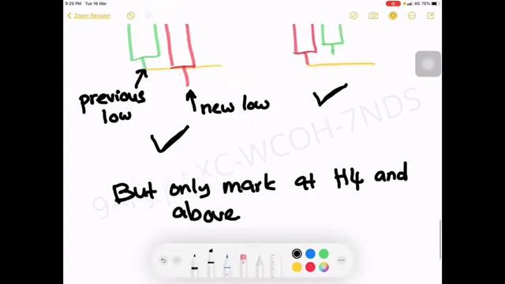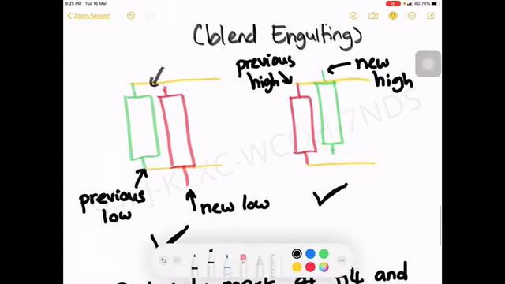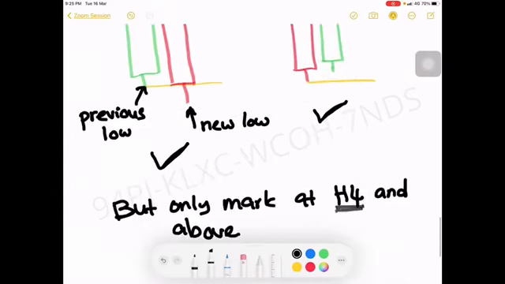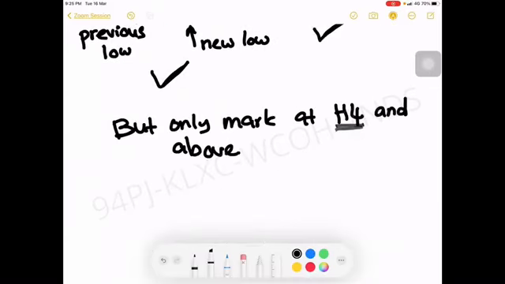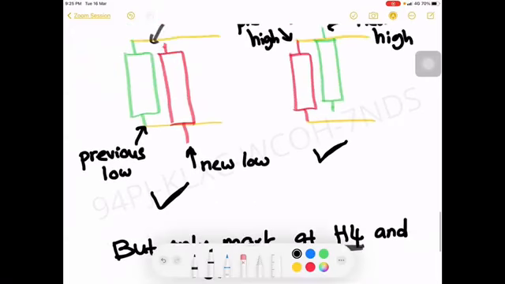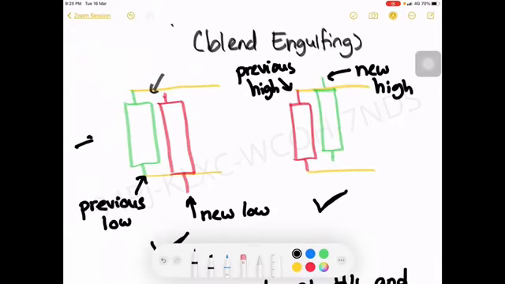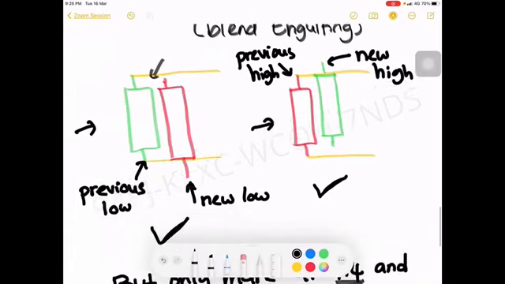If you use this below the H4, the zone is most likely to be broken. So these two are very high risk for you to mark.